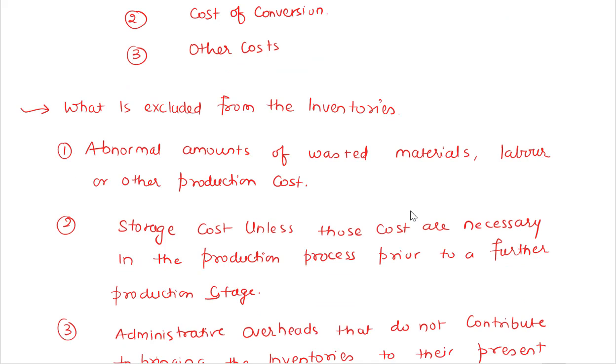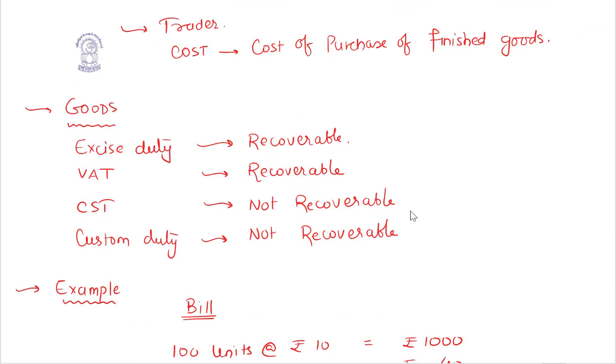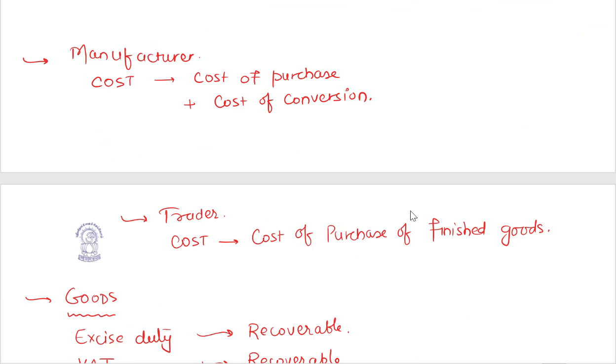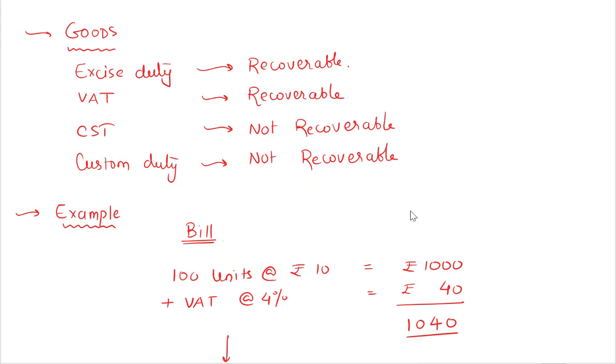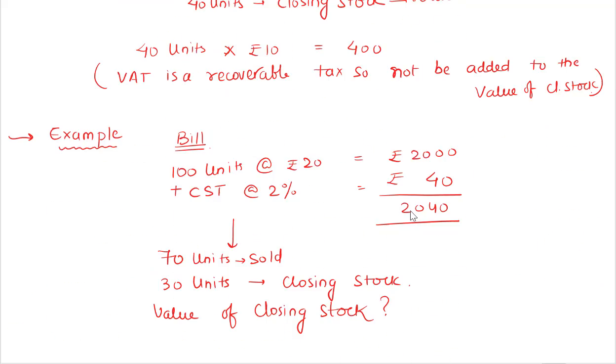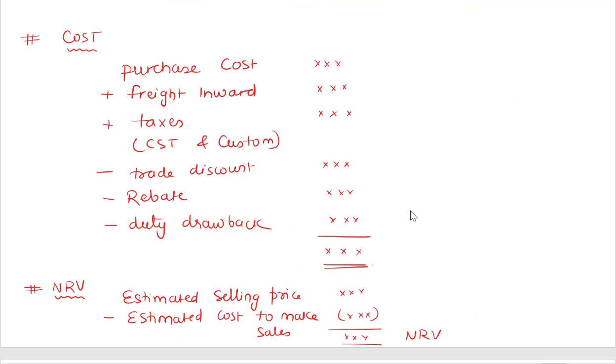After that, we shifted to what is included and what is excluded as a part of inventory, how a manufacturer records inventory, how a trader records inventory, goods, excise duty, recoverable, VAT, recoverable, CST, not recoverable, custom duty, not recoverable. We had seen several examples in relation to this.